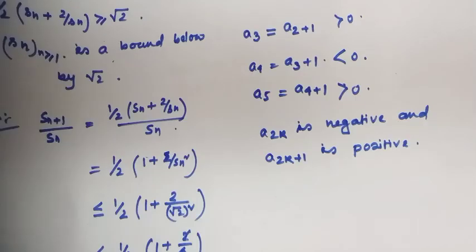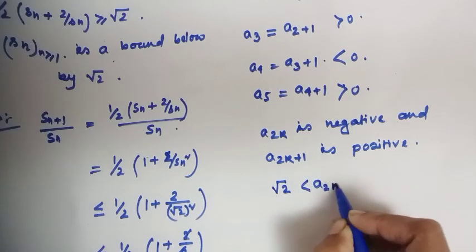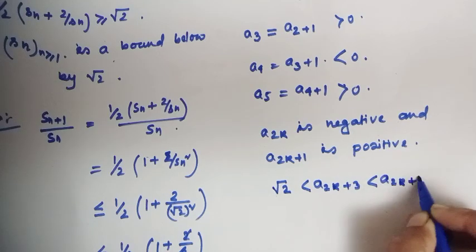That means we can write √2 < a_{2k+3} < a_{2k+1}.